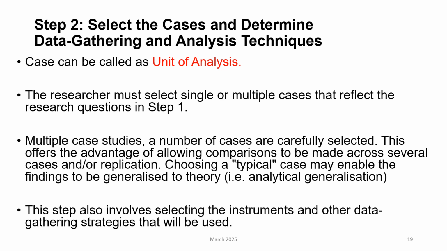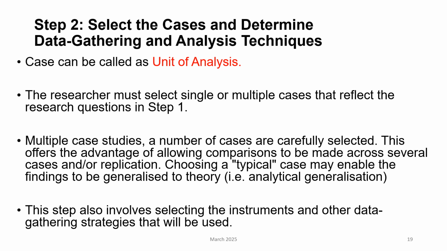And in the case of multiple case studies, the number of cases is carefully selected. The advantage of careful selection of these cases is to allow for comparisons to be made between these cases or across several cases, and/or replication.